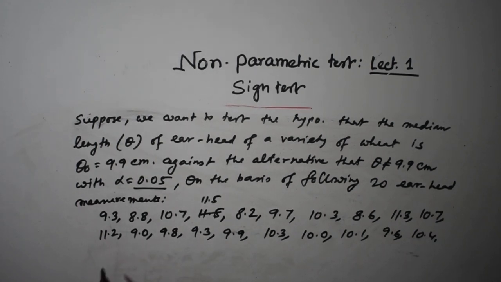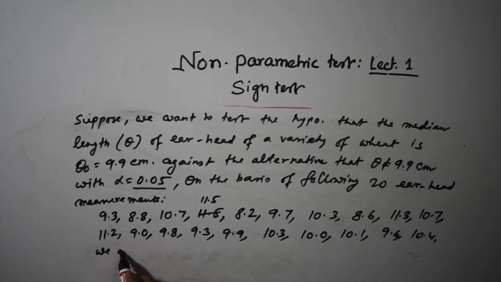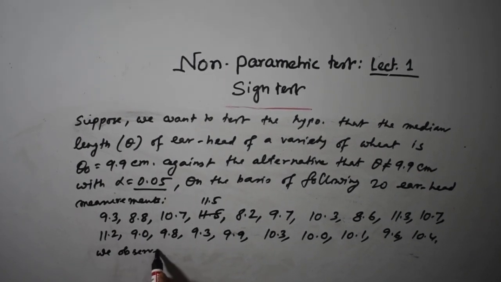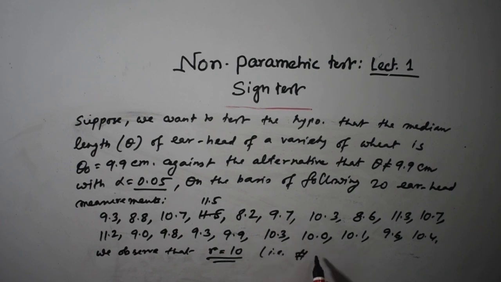So here we observe that R equal to 10, that is the number of xi greater than 9.9.